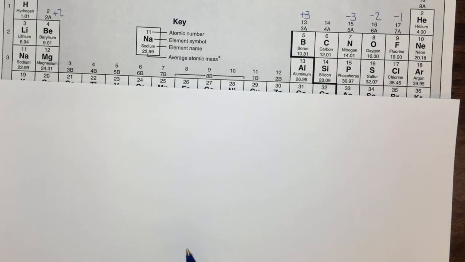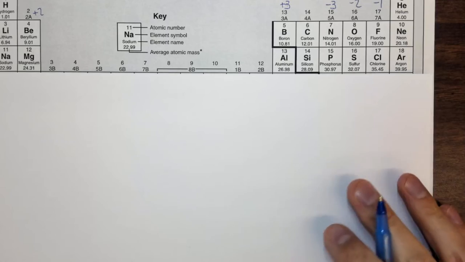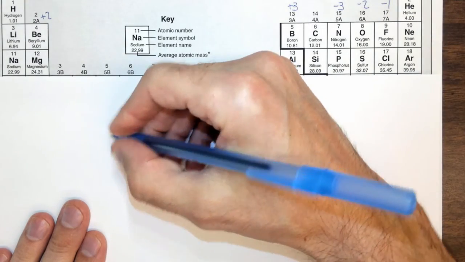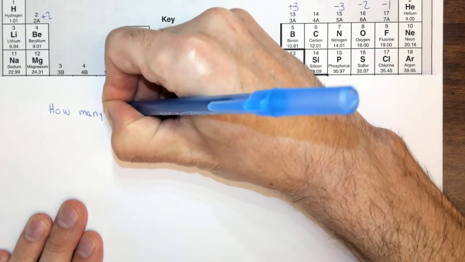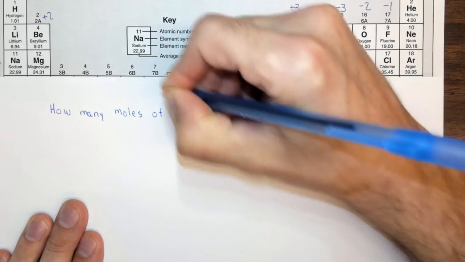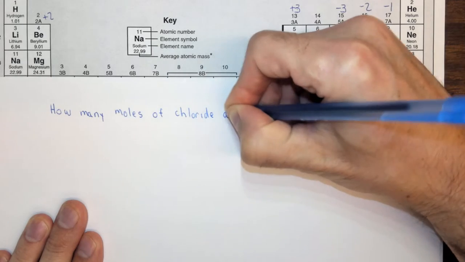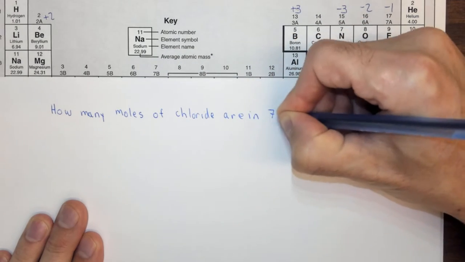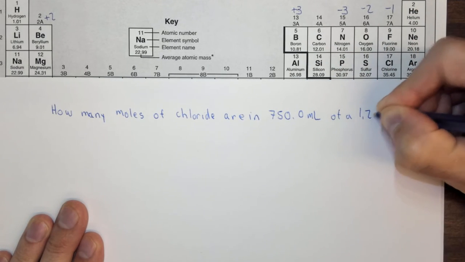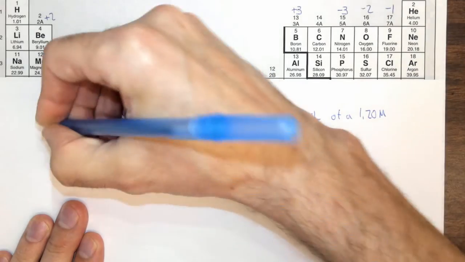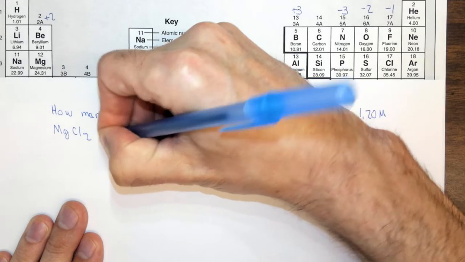I want to go through one last example of these types of problems, and then I want to talk about dilution. So here, in this last example, it says: how many moles of chloride are in 750 milliliters of a 1.20 molar magnesium chloride, which is MgCl2, solution?